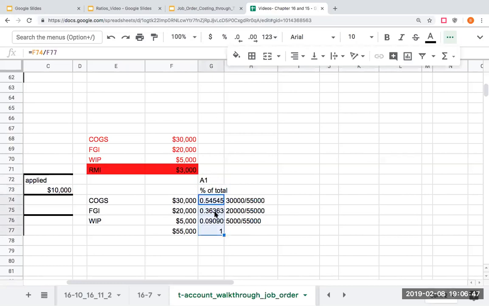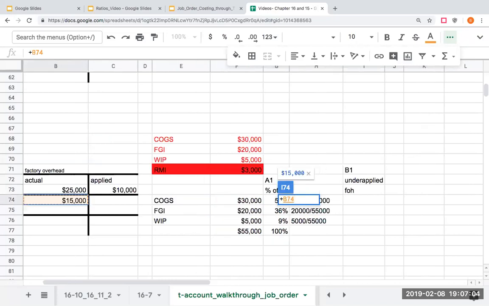Here, if I take the percentage of the total and multiply it by the underapplied factory overhead, this amount is going to be 15,000.